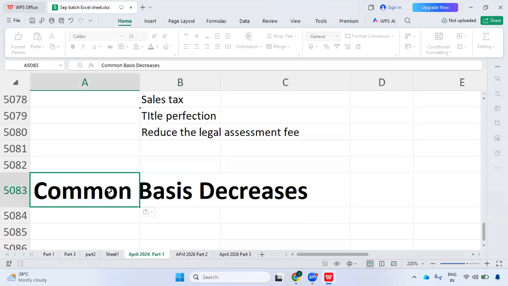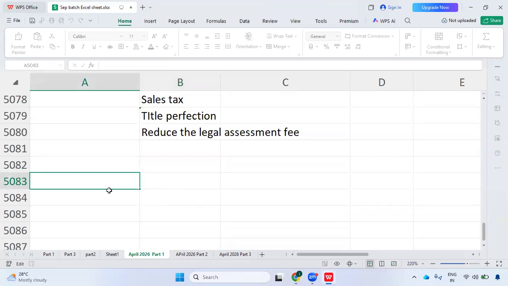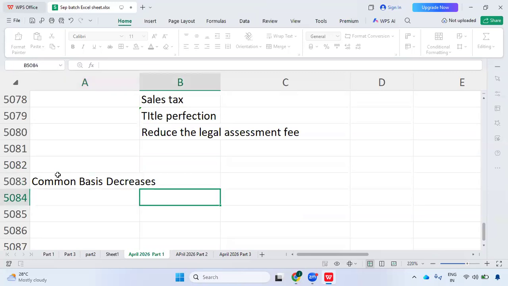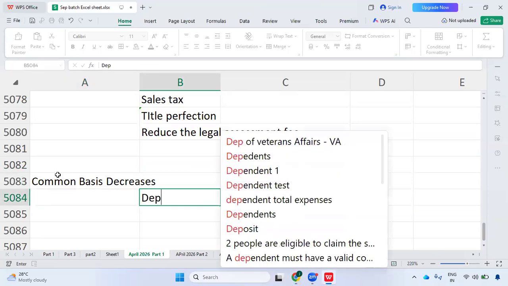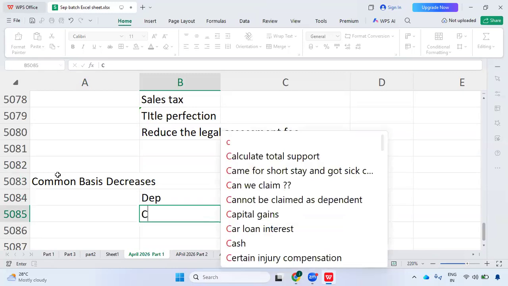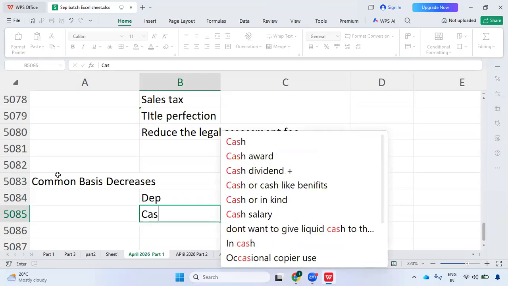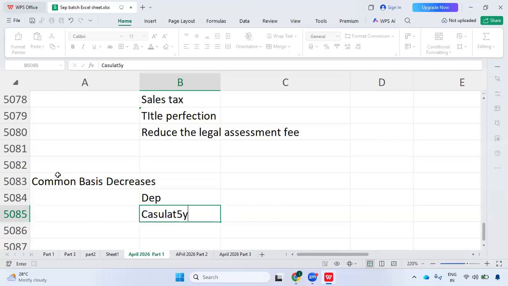Now, what decreases the basis? Anyone remember? Only one point we covered, so what other areas will decrease the basis? Depreciation. And also any casualty or theft losses.